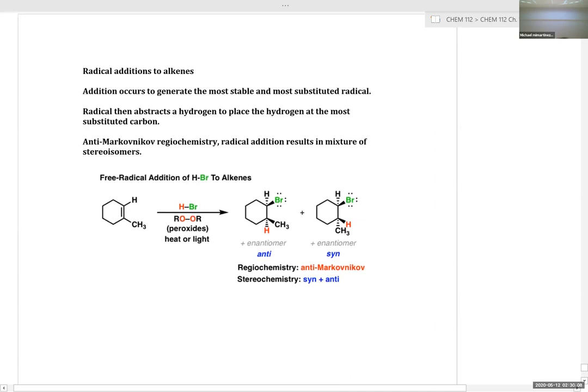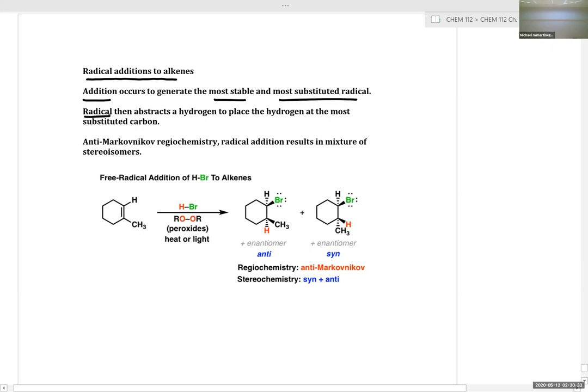So in our last section, we're going to talk about radical additions to alkenes. And the main reason why we talk about this is even though they don't produce products with very good stereoselectivity, they have very interesting regioselectivity. So the addition occurs to generate the most stable and most substituted radical.